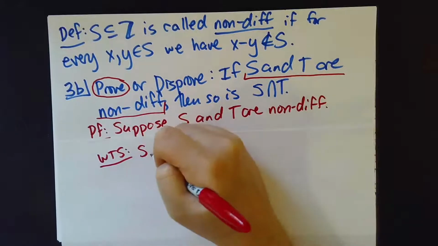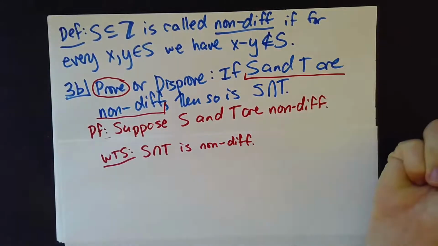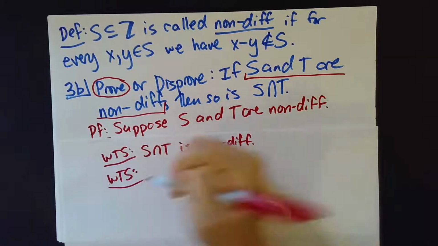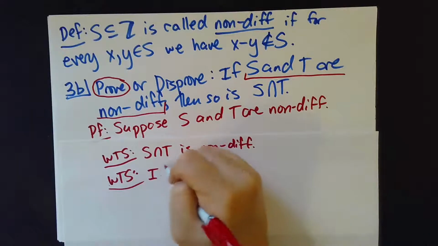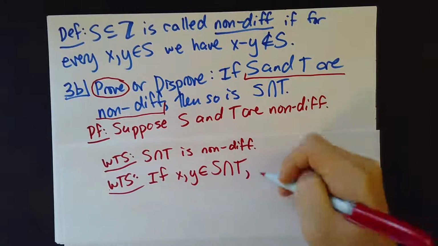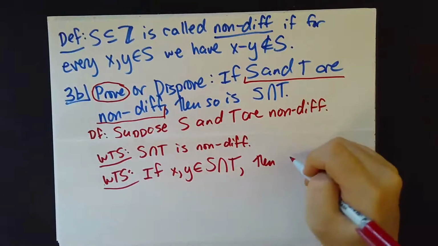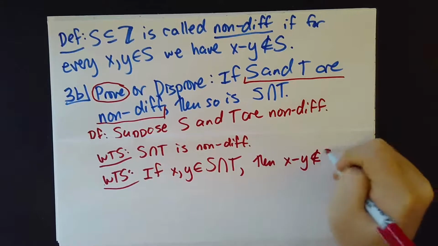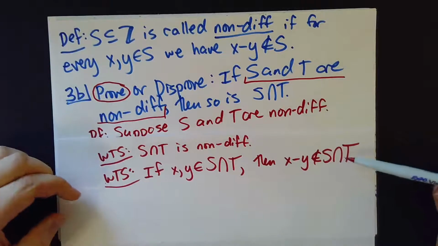I want to show S intersect T is non-differential, which is the same thing as saying that if x and y are in S intersect T, then x minus y is not in S intersect T. Do we agree with my restating what it is we're trying to prove?